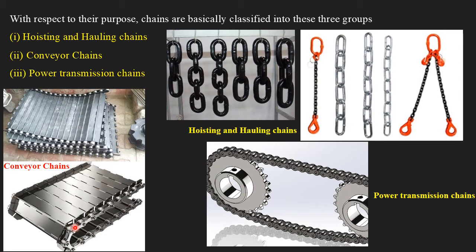You can see these types of chain conveyors in production industries, like food processing industries, or any packaging industry, such as Amazon, Flipkart. Wherever the industry is automated, you can see these types of chain conveyors being used, and they are widely used right now.